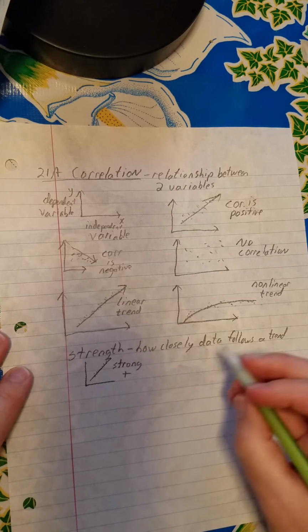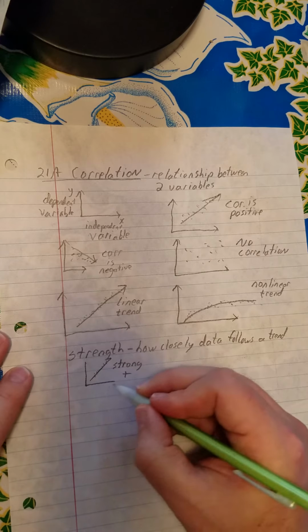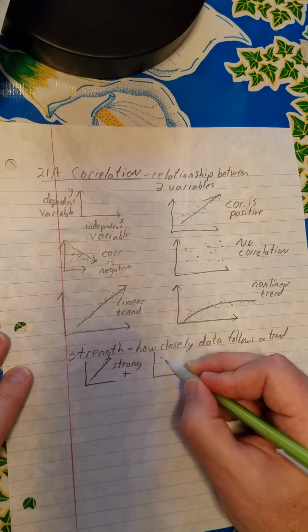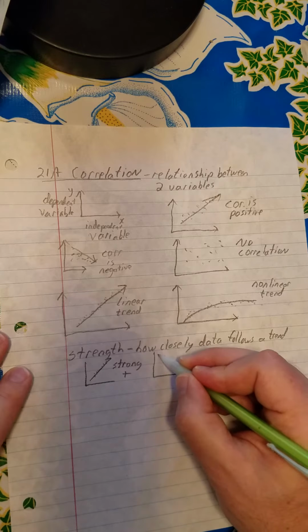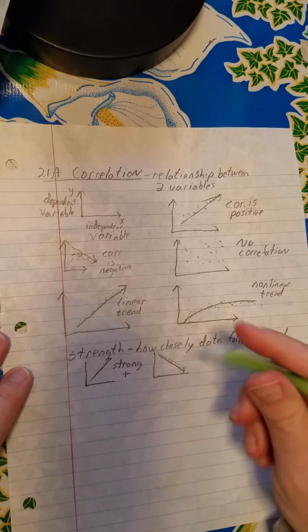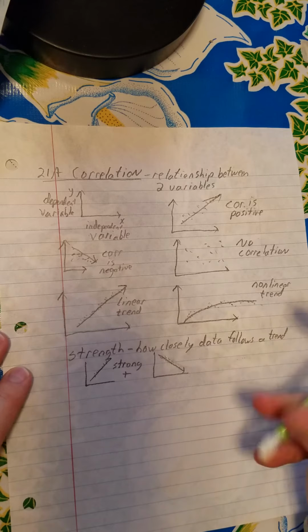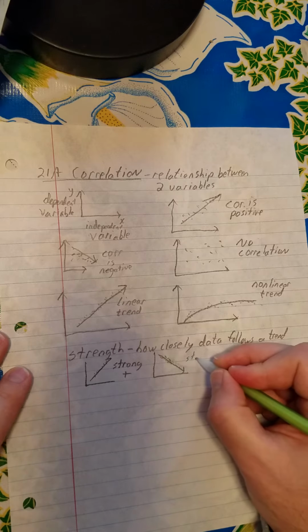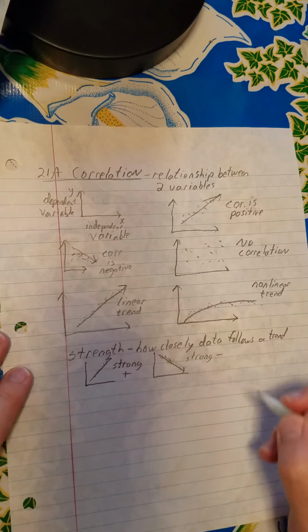Strong positive if it's going up. And obviously, for all these, it could be going down too. Maybe make those a little closer. So pretty close to it. This would be a strong negative correlation.